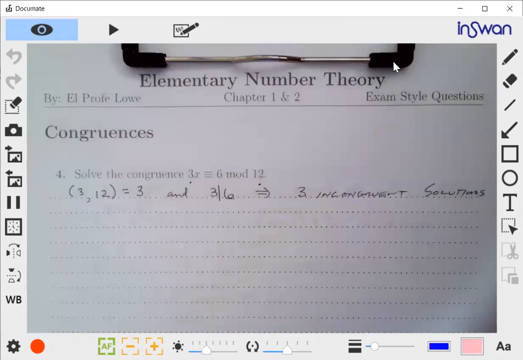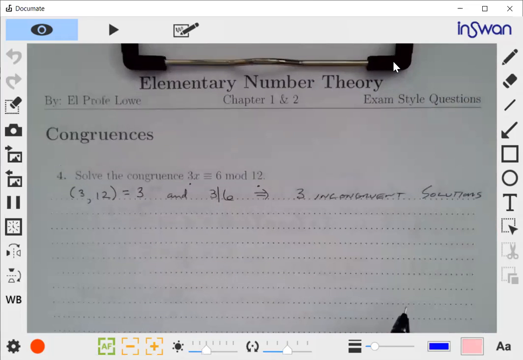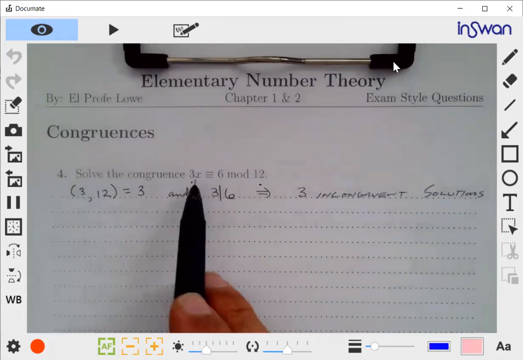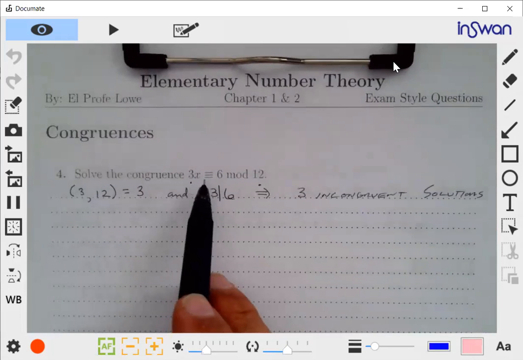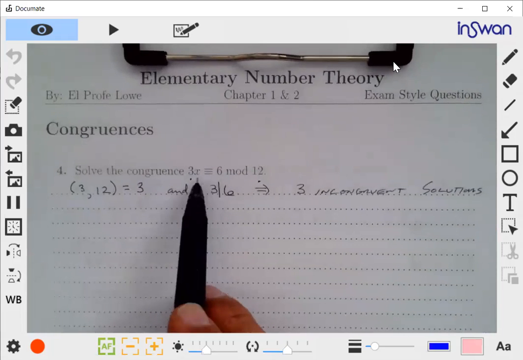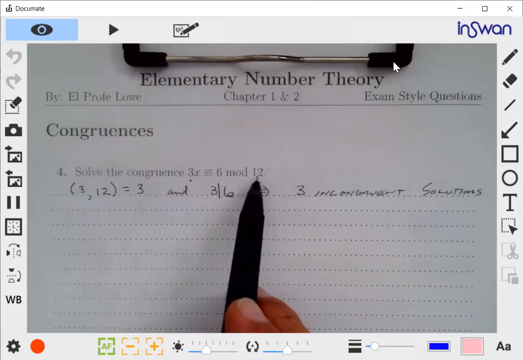Now, how can we solve this? In essence, what we're saying is we need 3 times some number to have a remainder of 6 when put into groups of 12, right?